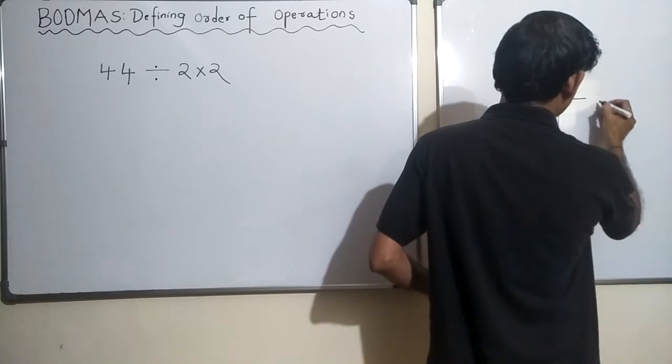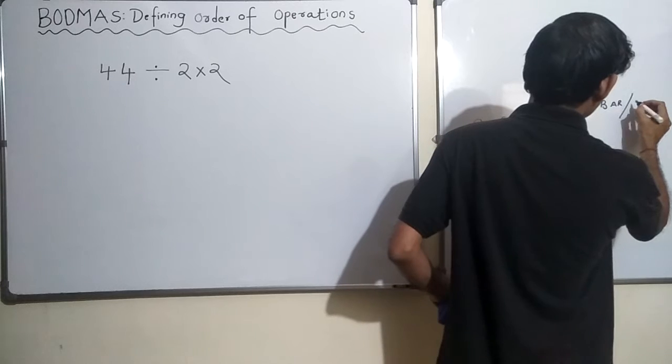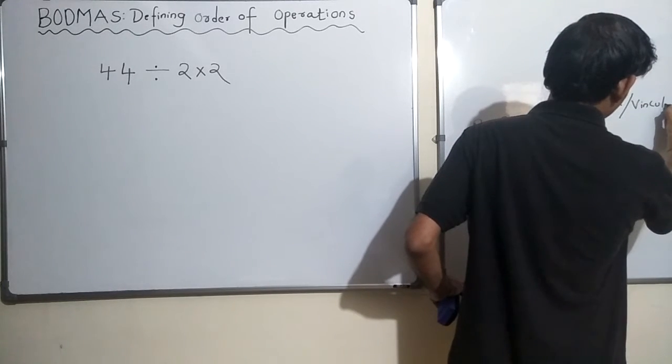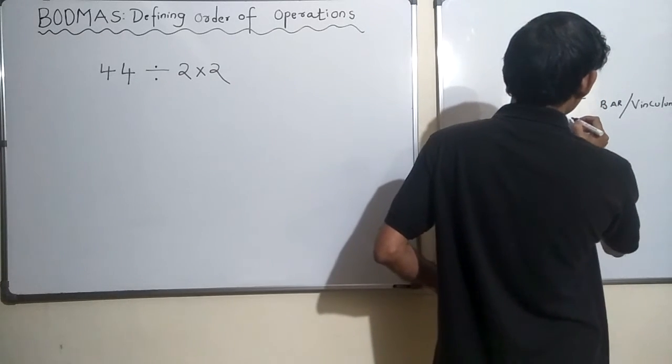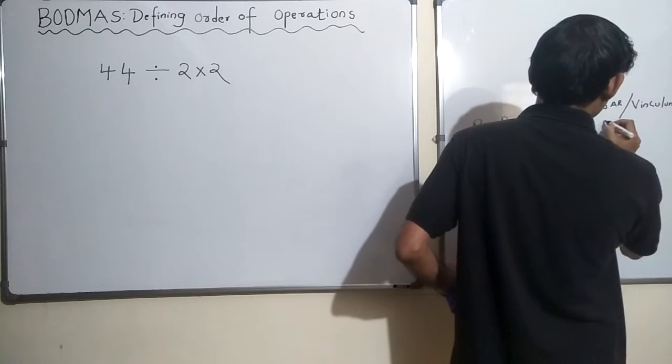One is the bar, or vinculum, as it is also called. The second one is the small bracket or the parenthesis.